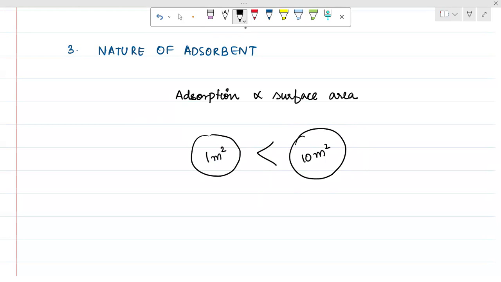That's why, instead of taking chunks of charcoal, you always powder it. Why is charcoal, which is marketed for adsorption, always powdered? Because powdering increases the surface area.